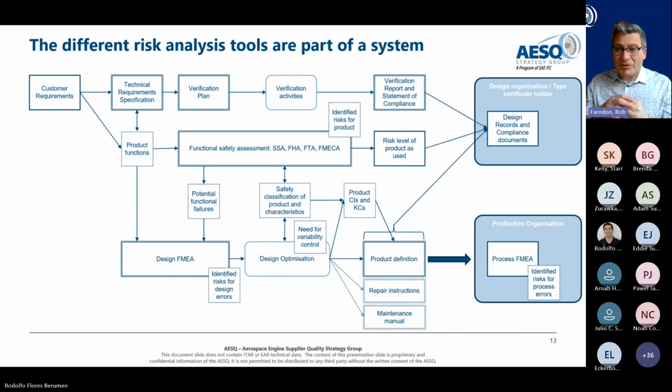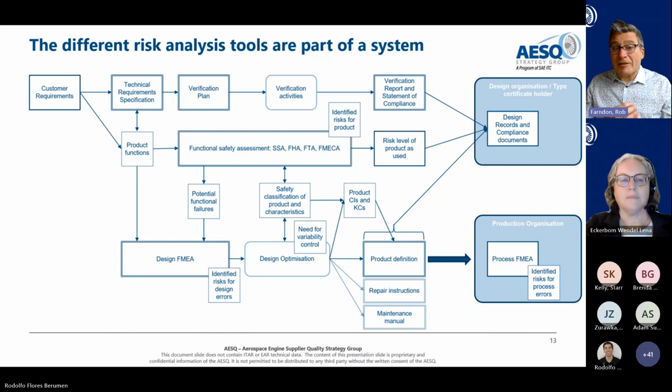Because we need the system safety assessment to inform things like classification of characteristics and the part definitions themselves. So that is influential in setting up the CIs and KCs inside the product definition. We showed a double-headed arrow on that. I think basically the design can inform the FMECA and the FMECA can inform the design, and it's appropriate that they do so.